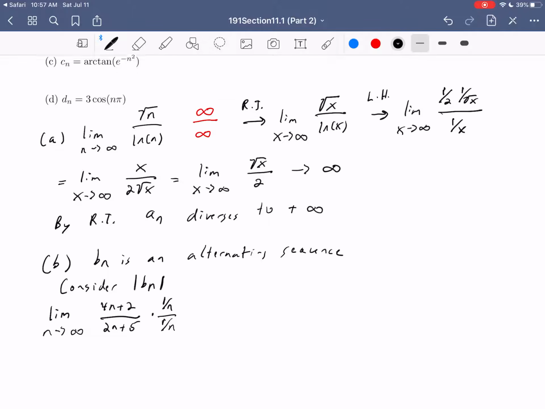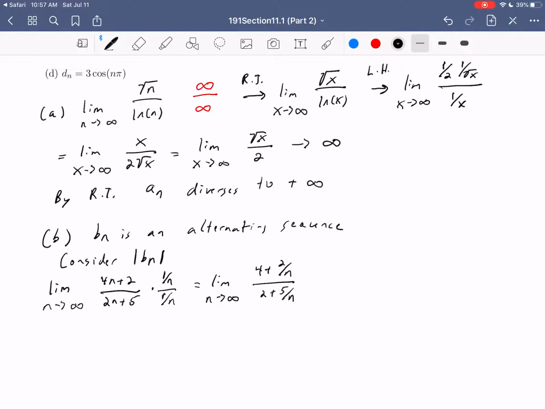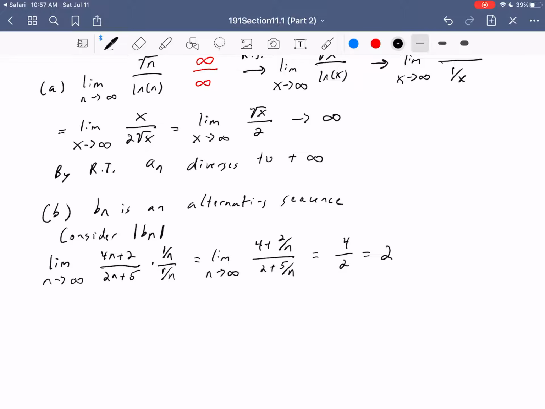No need to use a replacement theorem. We get the limit as n goes to infinity of (4 + 2/n) over (2 + 5/n). Then, because they're constants over something that gets very large, these go to 0. So this is going to be 4 over 2, which is 2. So the absolute value converges to 2.